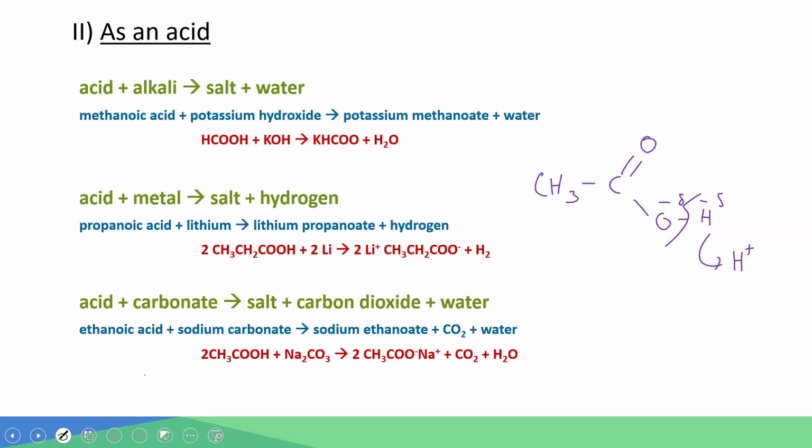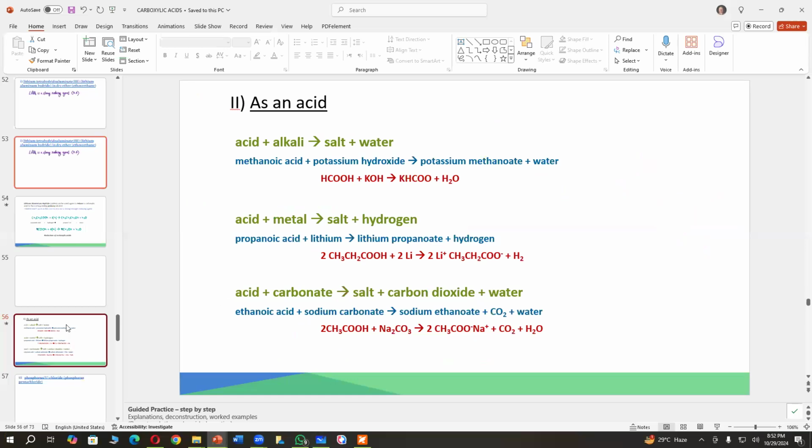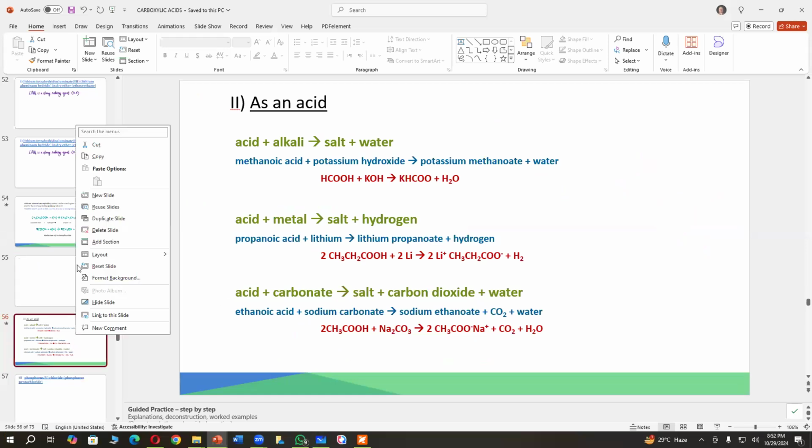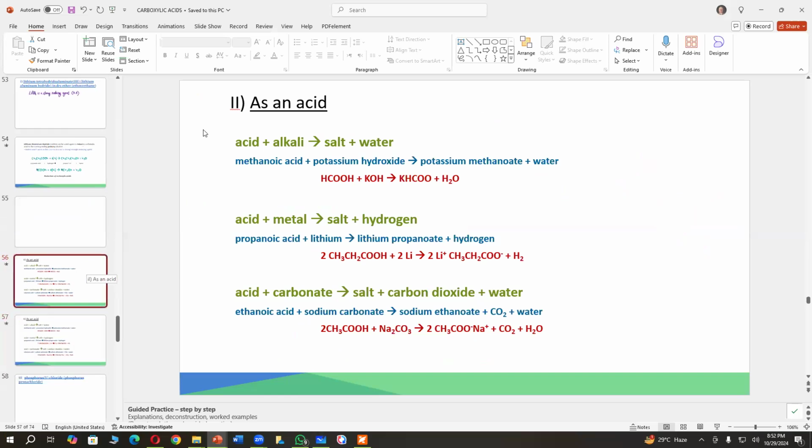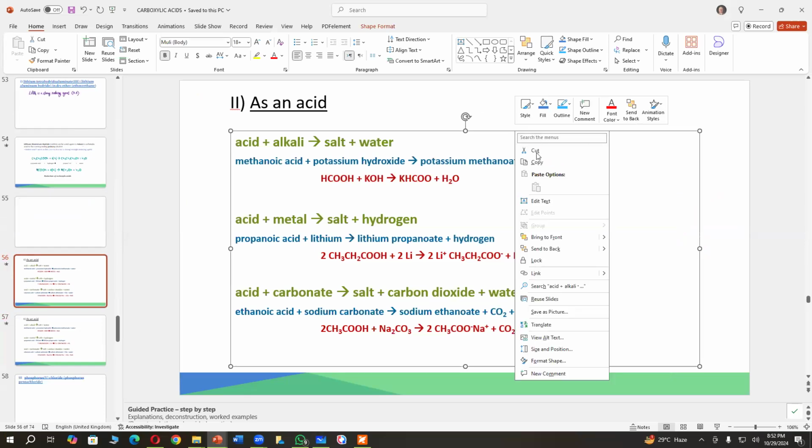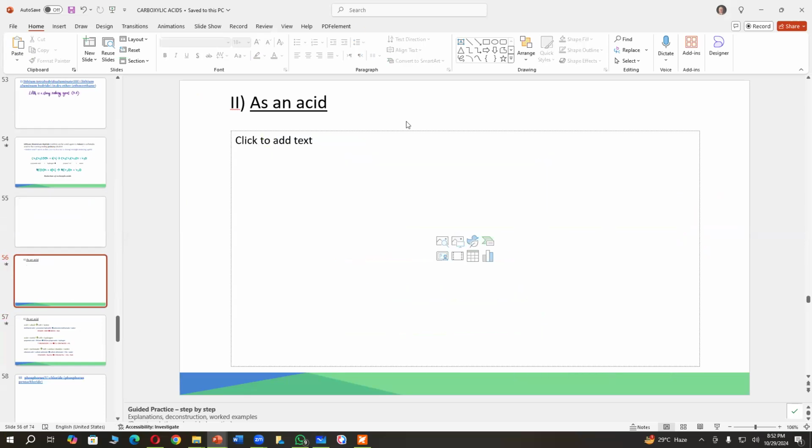This is the acid behavior, which is the reason how an acid of carboxylic version generates water and salt. So I first reinforce my concept over the carboxylate ion. As an acid means that these are the typical acid reactions.